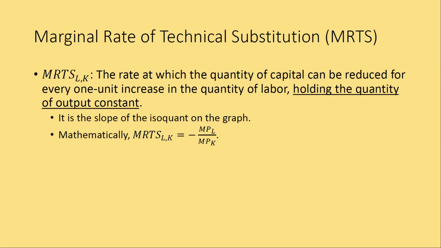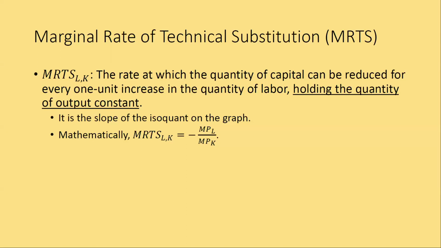So the marginal rate of technical substitution of labor for capital, if we use the subscript L, K when L comes first, is the rate at which we can substitute our labor with capital, basically. So it is the quantity that the capital can be reduced for each unit increase in the labor that we employ.